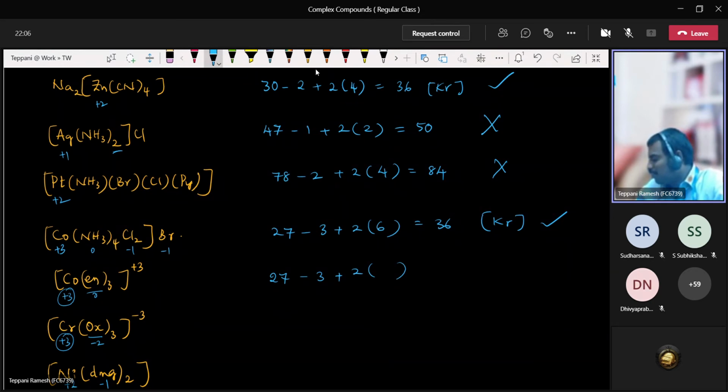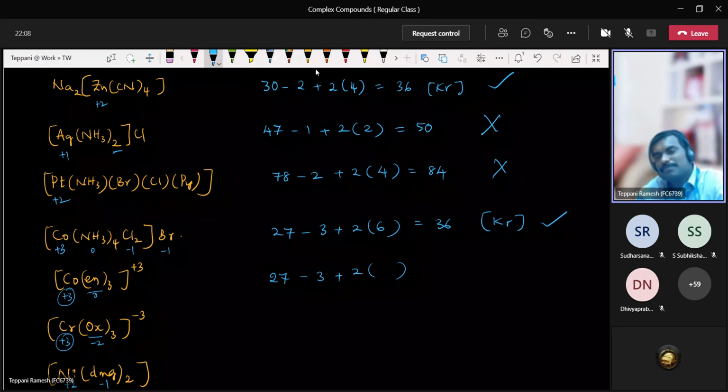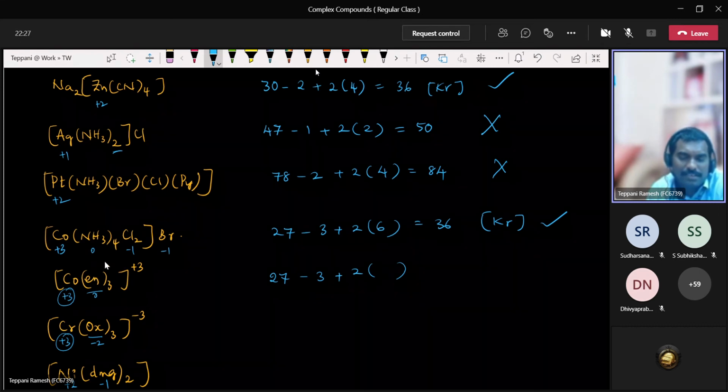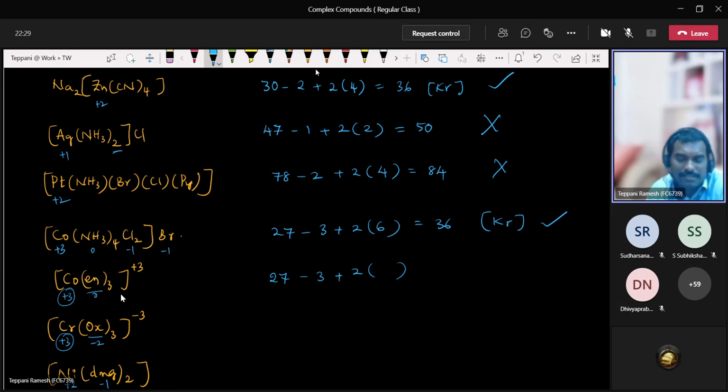Coordination number 0, no? How 6? 3 only appearing for me. 3 is wrong. 6 is correct. How is 6 correct?